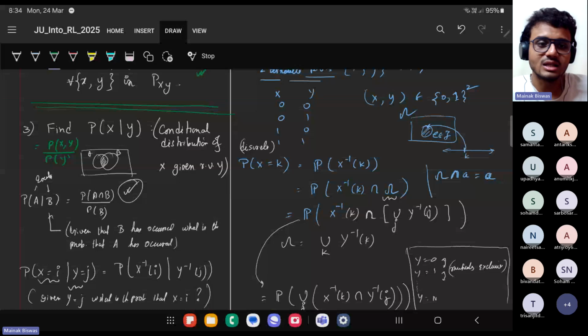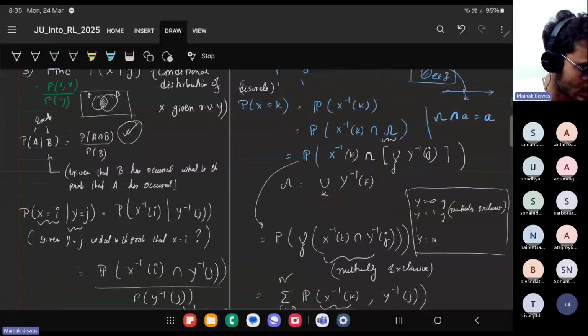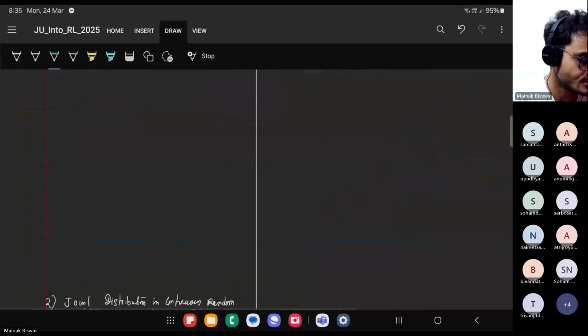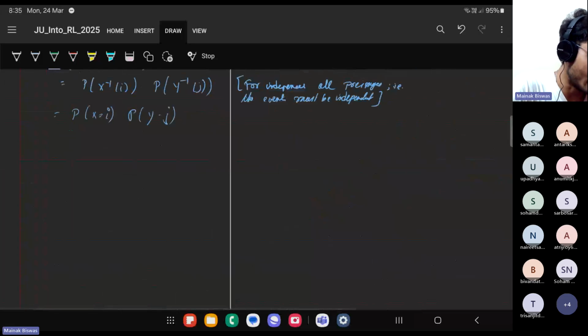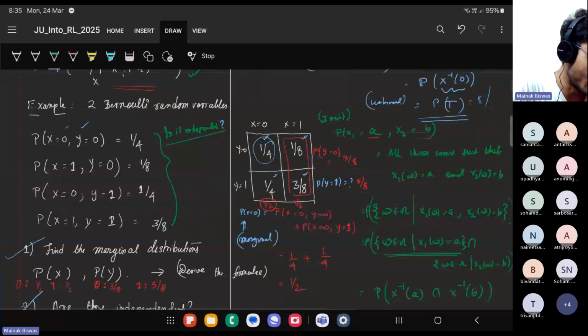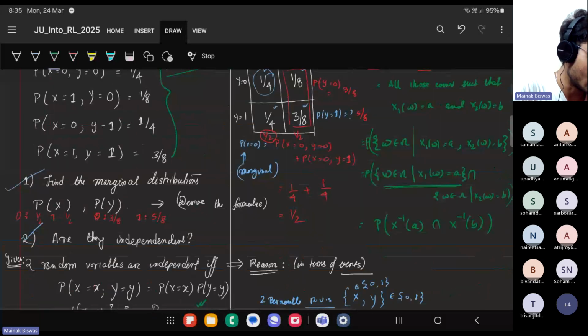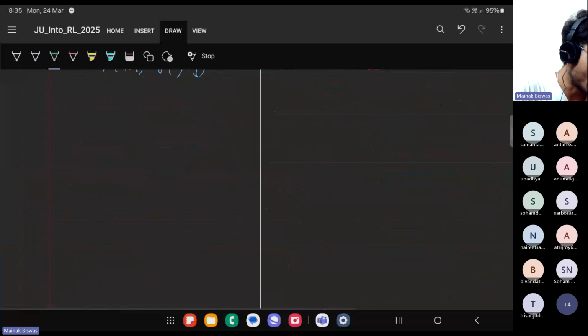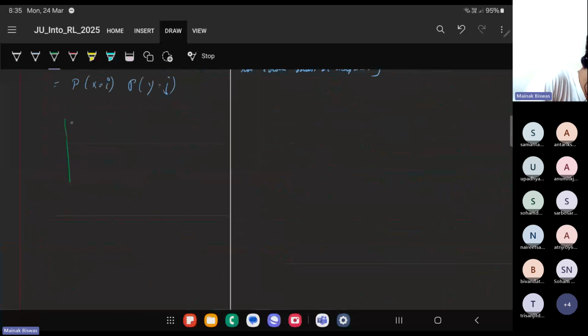So let us now find the conditional distribution of this Bernoulli random variable that we discussed just now. Can we find it? I'll just draw it: 1 by 4, 1 by 8, 1 by 4, 3 by 8. Could any one of you repeat the table once?